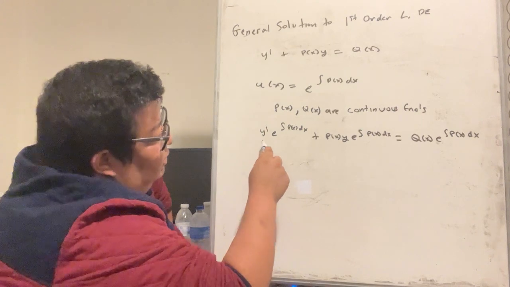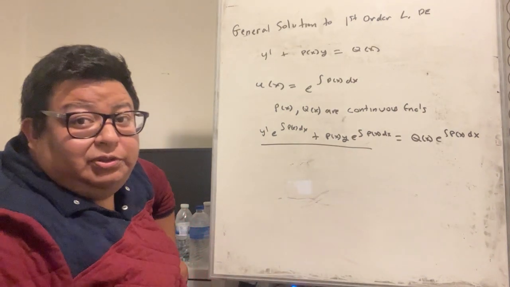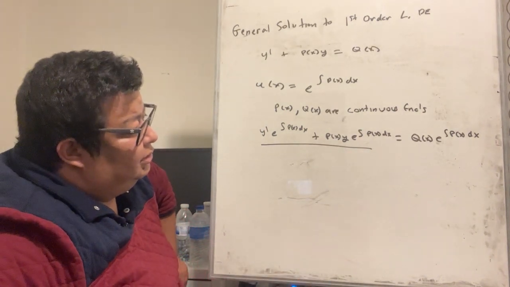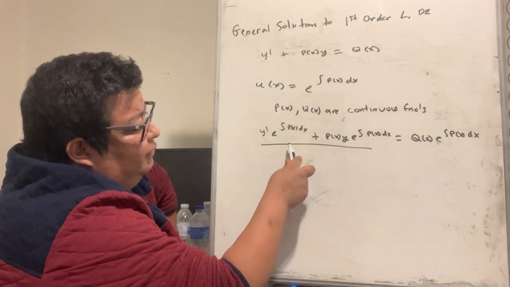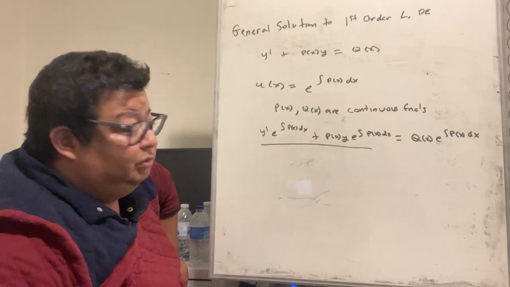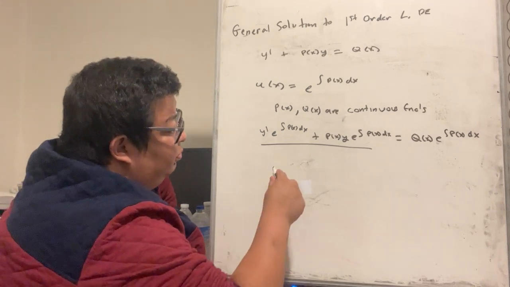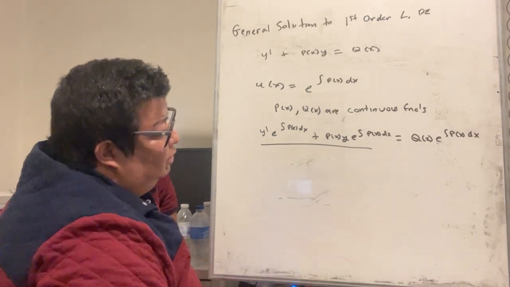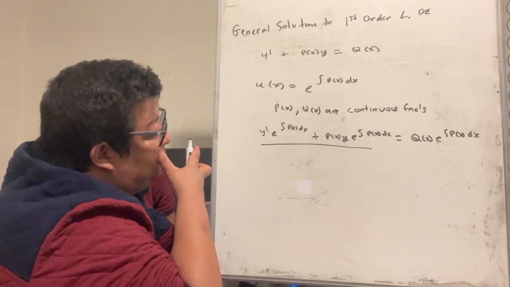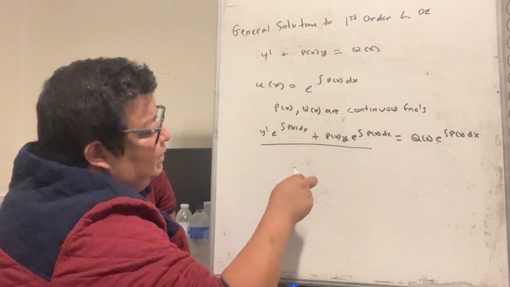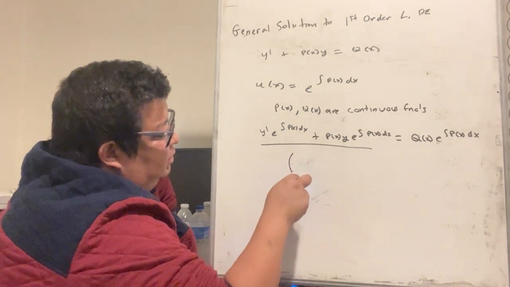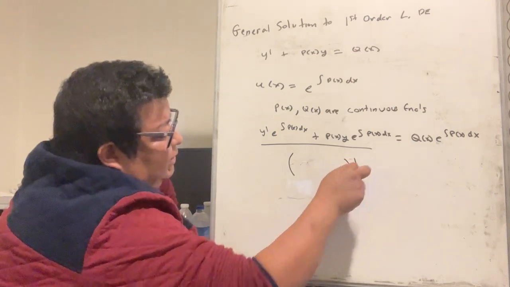And if you notice, this here is a product. You can tell that this is the derivative of a product using the product rule. So the way you can replace the left side is by this. It's like taking the derivative of a product.